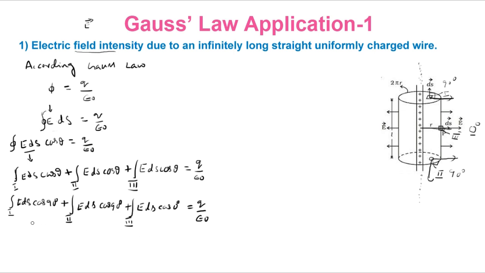Clear? Now you know cos 0 degree is 1, and cos 90 degree is 0. Cos 90 means it will become 0, and 0 multiplied by the whole thing gives 0. Here also cos 90, this also becomes 0. Here cos 0 degree becomes 1. So finally the integration of E ds is equal to q by epsilon naught.